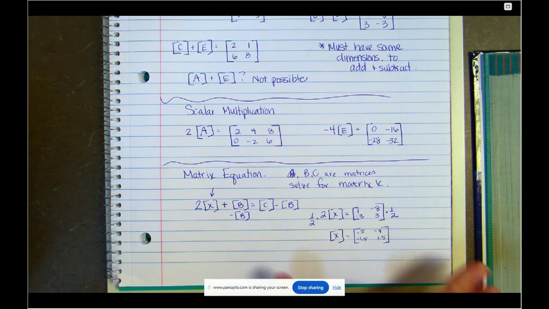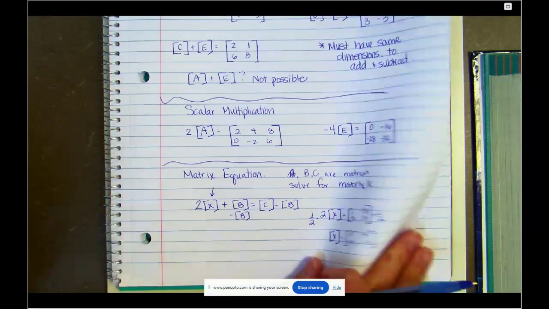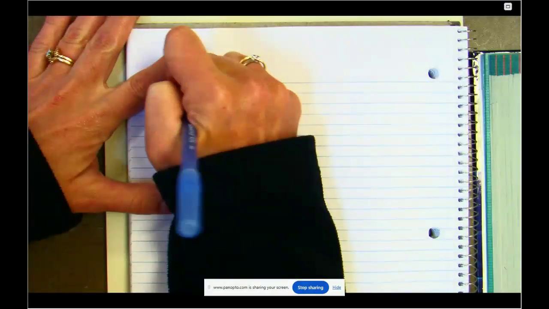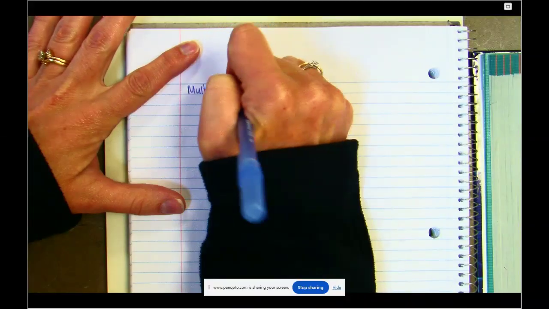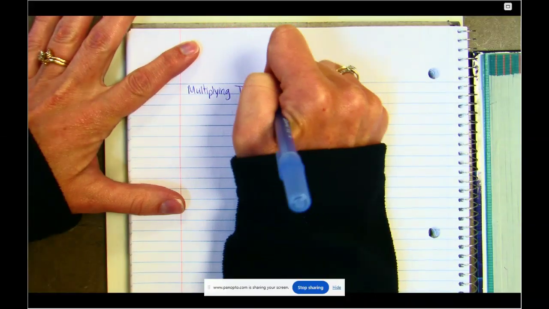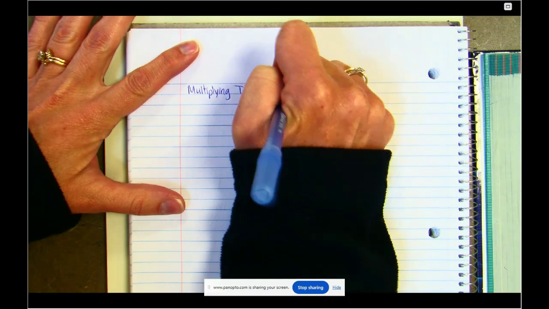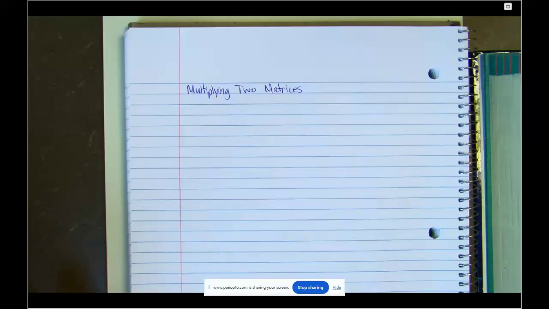Okay. All right. So the last thing we're going to talk about, and this is the thing I want to spend the most time on, is multiplying two matrices together. Now, in the interest of full disclosure, your calculator will do this. I would like you to pay attention to what we're talking about, because you need to understand what's going on. Number one. Number two, it's the extra credit.